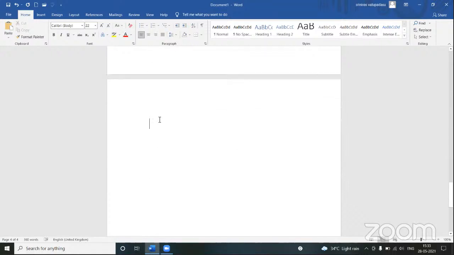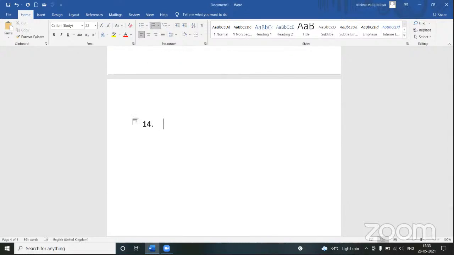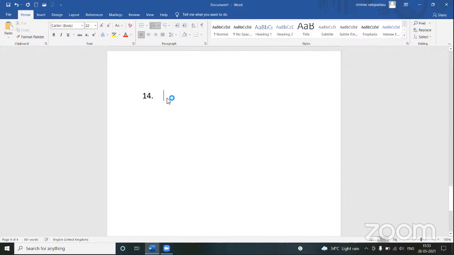Next question. What is an associative classifier?